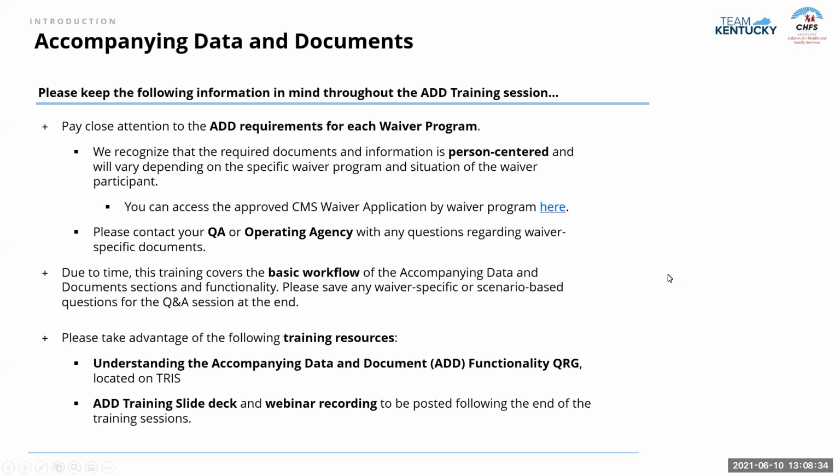If you need any additional resources, you can access the approved CMS waiver application by specific waiver program at this link, and we will be sure to send out this slideshow following today's session so that you'll have access to that link as well as all the information that we covered today.